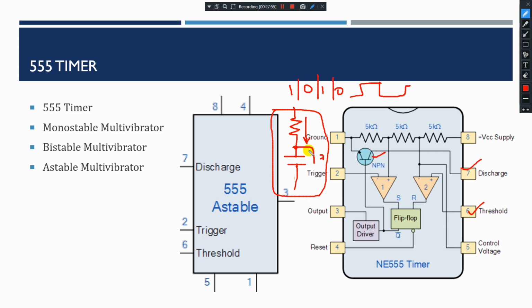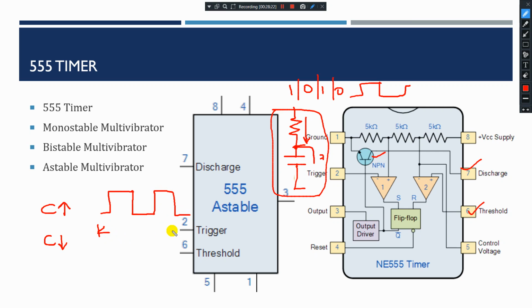I'm just randomly telling you in between, but it may be here or it may be here. I'll tell you later. So just try to understand: when the capacitor is getting charged, your output will rise and become high. When your capacitor starts discharging, your output becomes low and it will be low until the cycle repeats, again charging, again discharging.